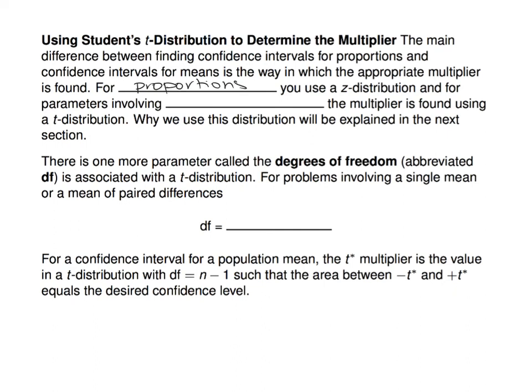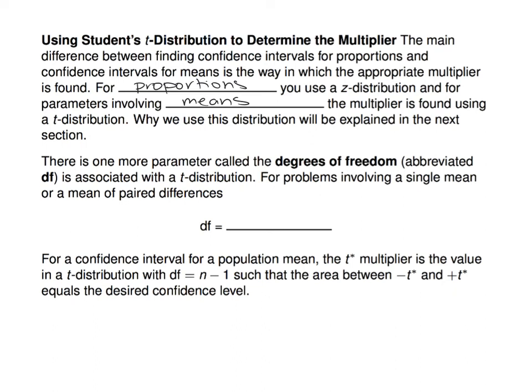And for parameters involving means, you use a t-distribution. And why we're going to do this is explained a little bit in the next section. But the basic idea is that there's more variability with means. You need to have fatter tails than that z-distribution has.